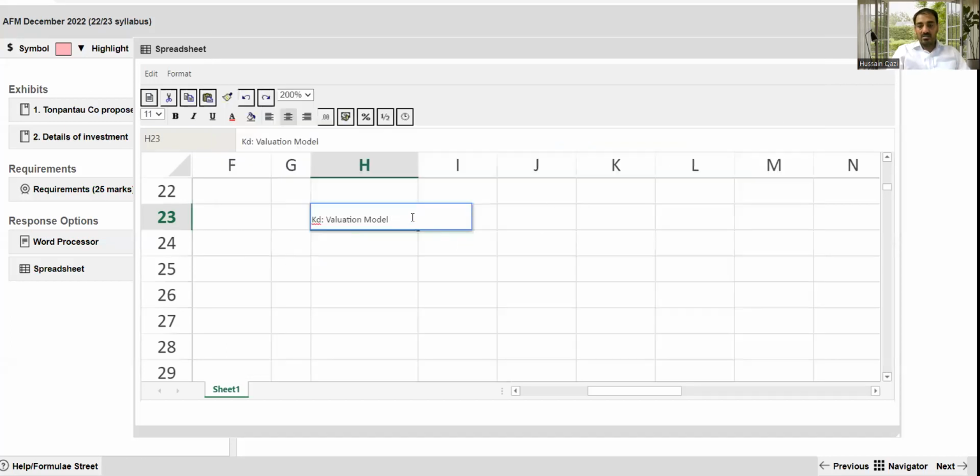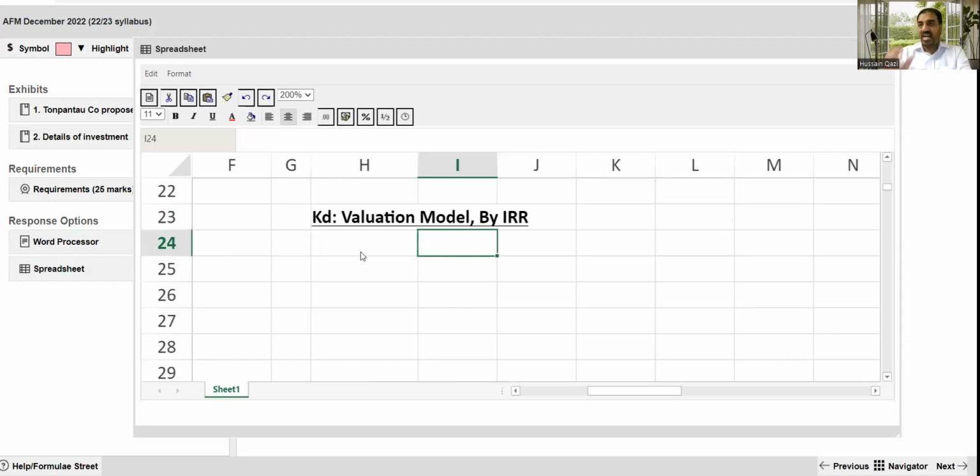So that means by IRR. So the important point is that KD is by IRR.